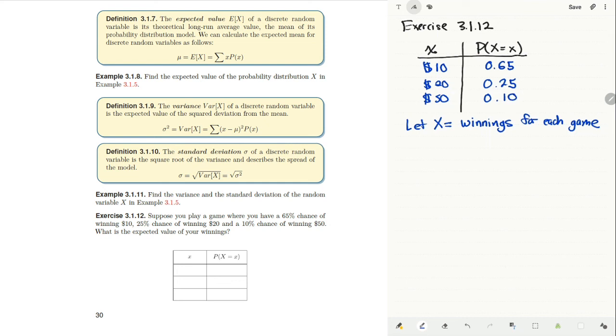So now we can calculate the expected value. So we take each value of x and multiply it by its corresponding probabilities, and then sum them. So we have $10 times 0.65 plus $20 times 0.25 plus $50 times 0.1.